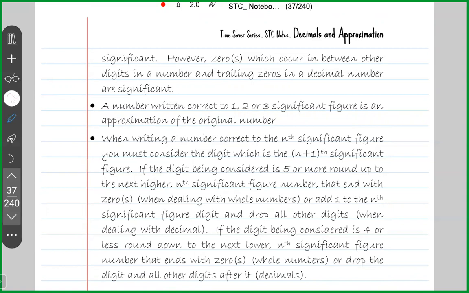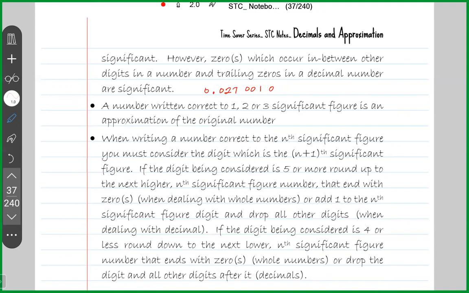So in the number, for example, 0.0270010, the first significant figure is 2. The 2 zeros at the front are not significant.